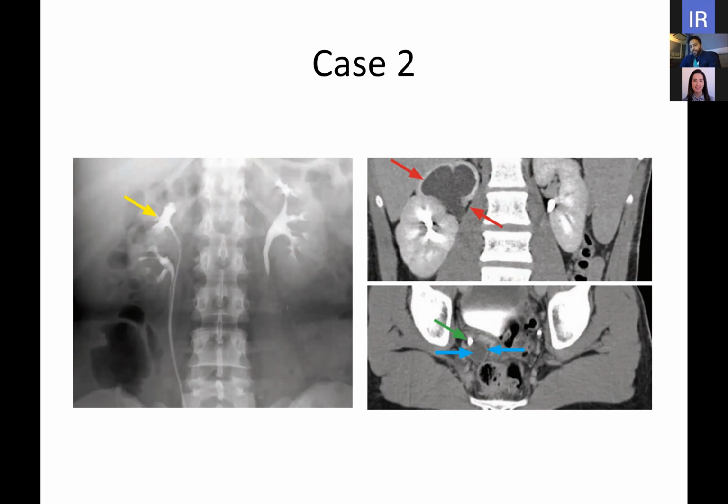What we see here in the upper pole is a very dilated system with a very narrowed renal cortex, and we see a relatively normal appearing lower pole kidney. For reference, this is the upper pole of the opposite kidney. So you can see that this is very dilated, and it has been dilated for quite some time because the renal cortex is now thinned.